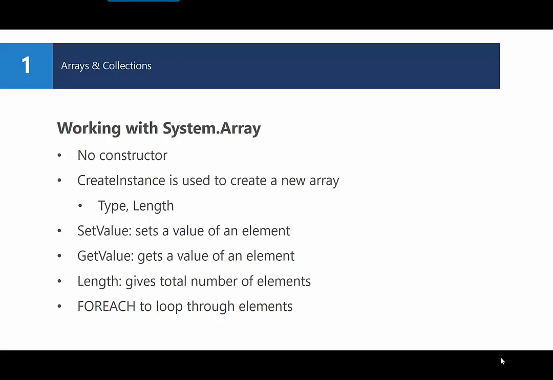With the SetValue method, we can store a value at a given position in the array. The GetValue method returns the value from a position. And with the property Length we can check the total number of elements in the array. In Dynamics NAV we can easily loop through the array by using the foreach command.